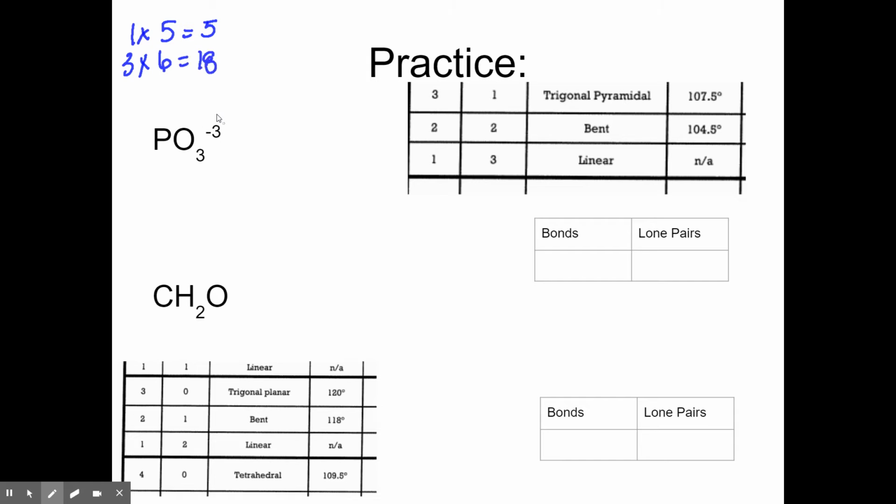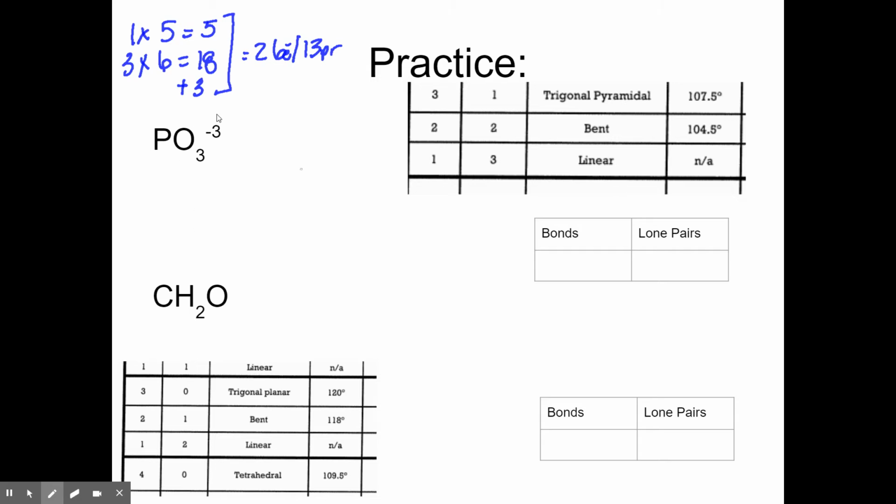And then I have the -3 up here, which means plus 3 more electrons. When I add all that together, I get 26 or 13 pairs. Okay.